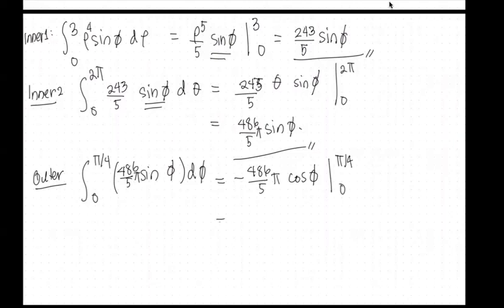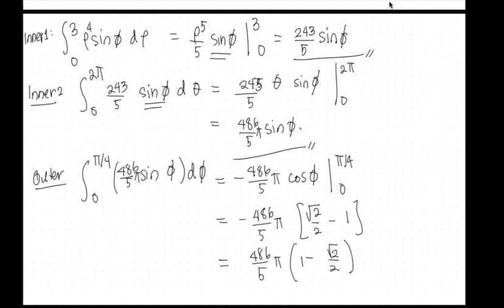So here we get negative 486 over 5 pi, and then cosine of pi over 4 is square root of 2 over 2, and then minus 1. Of course, if you put the negative 1 inside, you get 486 over 5 pi times 1 minus square root of 2 over 2.